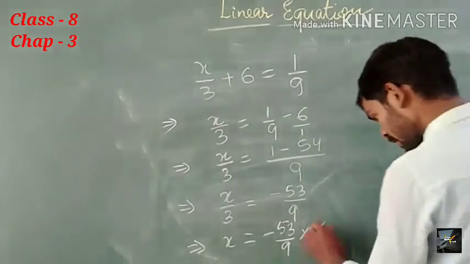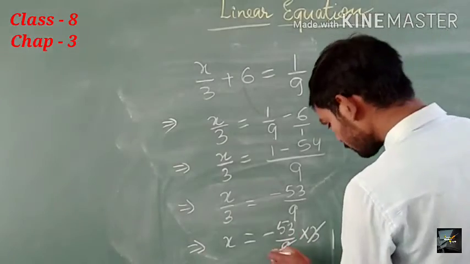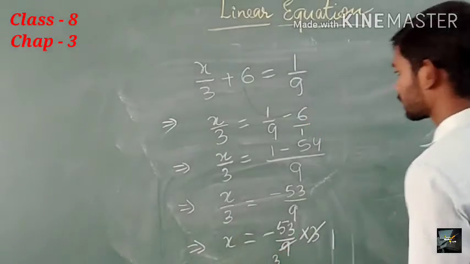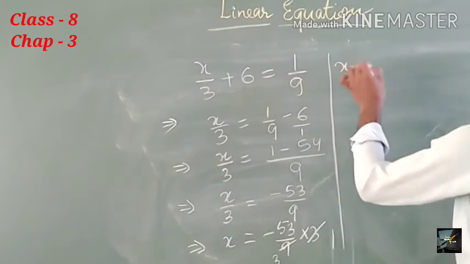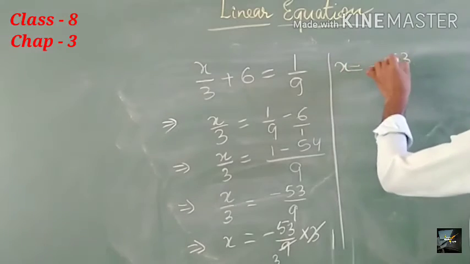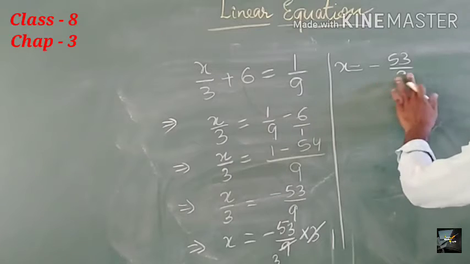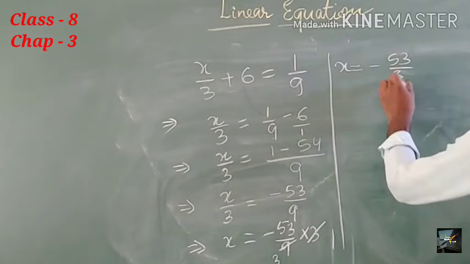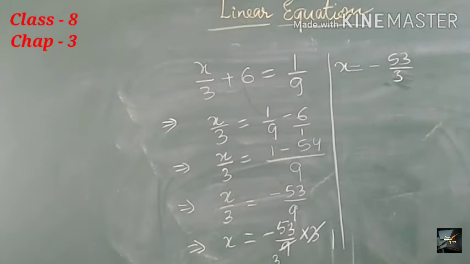Now 3 1s are 3 and 3 3s are 9. So we get the result x is equal to minus 53 upon 3. Therefore, minus 53 upon 3 is the right solution.